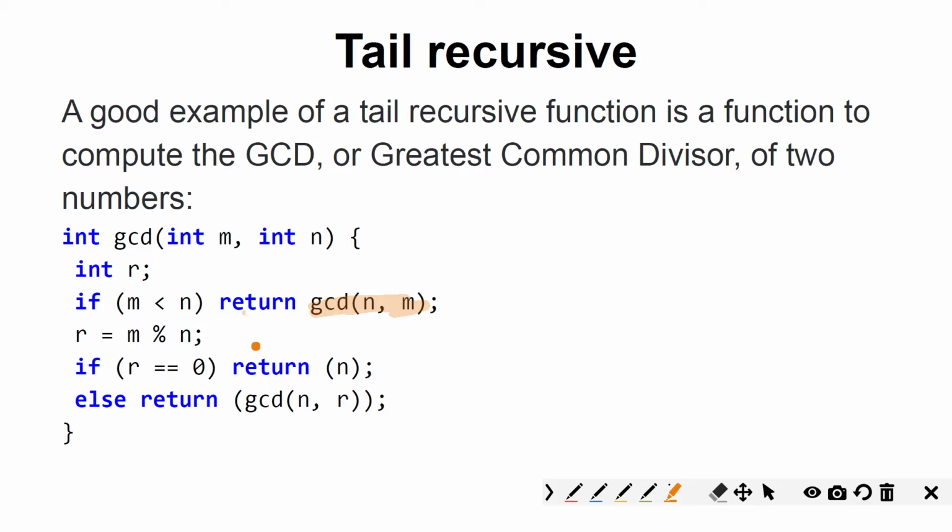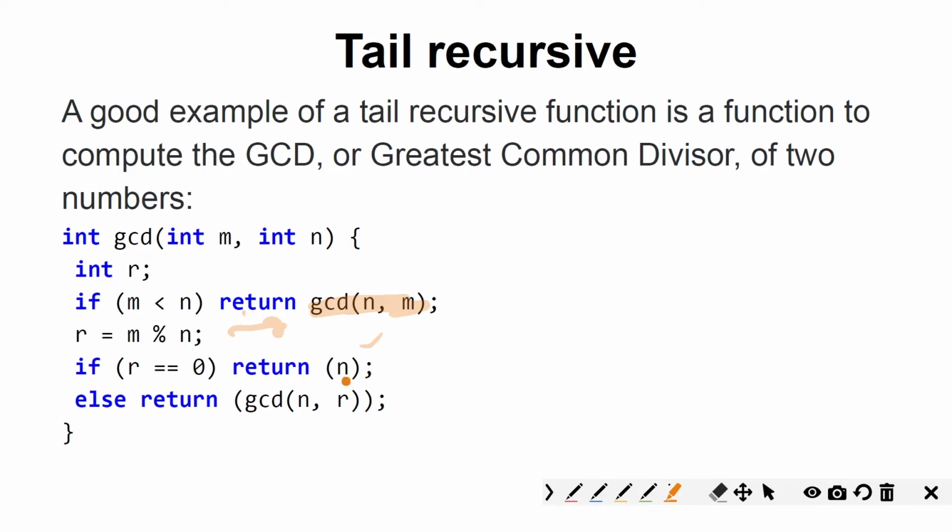If n is less than m, you will call the function itself. Else you calculate this, like you will get some result.